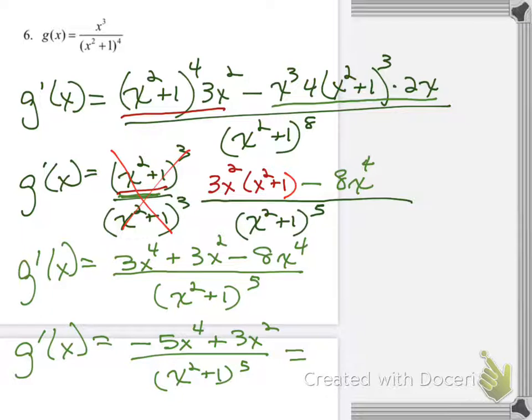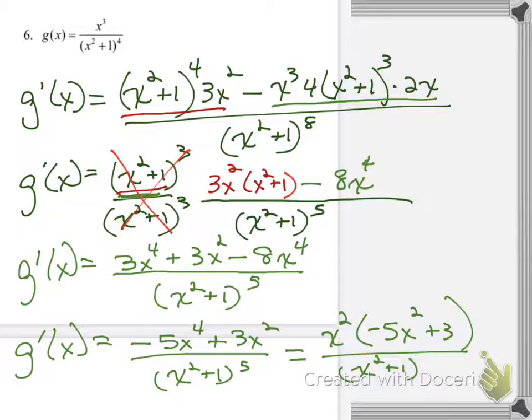And I can factor x squared out of the numerator, and I would get x squared times negative 5x squared plus 3, still over x squared plus 1 to the 5th. Okay, so that is your best answer.